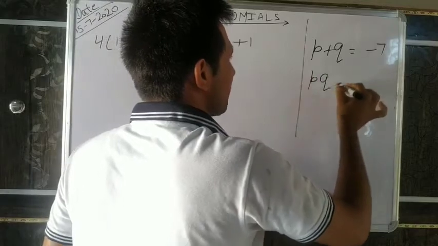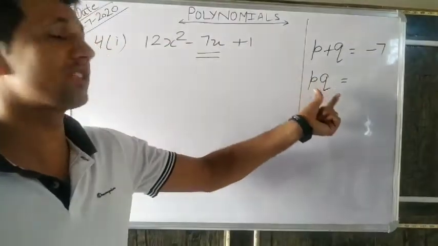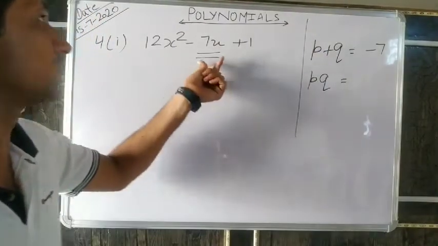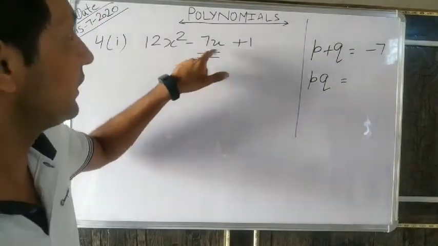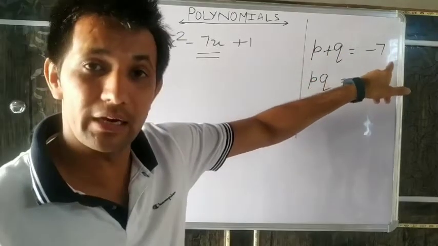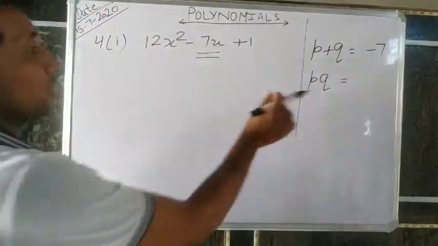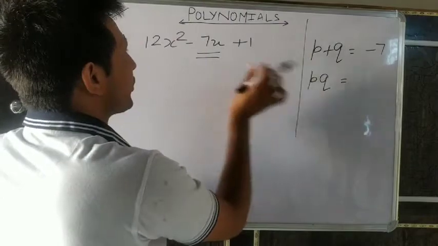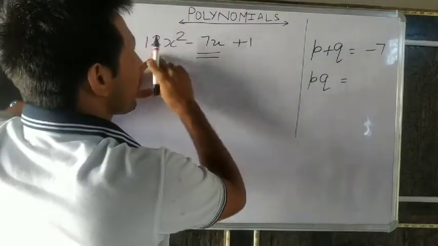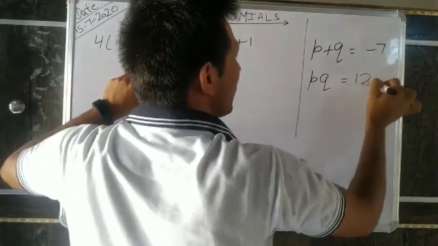And the product of these two numbers, P and Q, is the product of the first and last numbers. We already discussed this in 8th class. Everyone knows how to split the middle term. The sum of the two numbers is the middle term, and the product P into Q is the first into the last number: 12 into 1, 12.